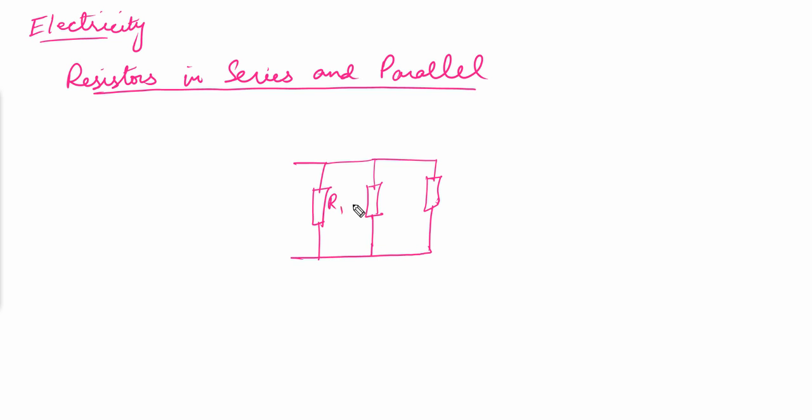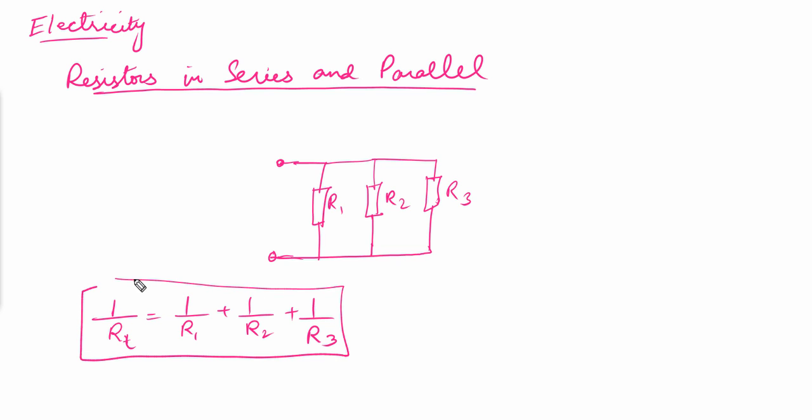This is R1, this is R2 and this one is R3, and over here we are measuring the total resistance from these 2 points. The formula for finding the total resistance is 1 over R total equals 1 over R1 plus 1 over R2 plus 1 over R3. By using this formula we can find the total resistance of these resistors in parallel.